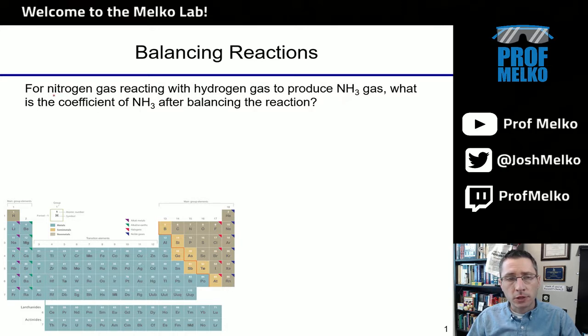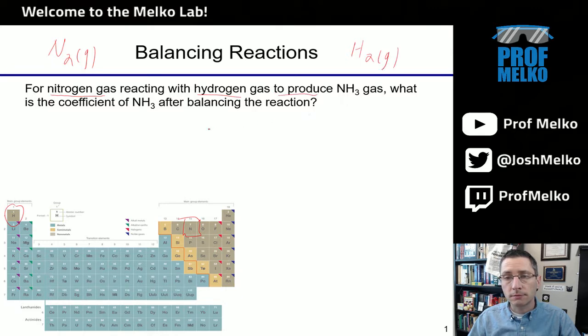As always, we start by identifying what the species are. Nitrogen gas. We remember nitrogen here in the periodic table as one of these diatomic gases, so this is always going to be written as N2. This is reacting with hydrogen gas, another one of these diatomic gases, to produce.